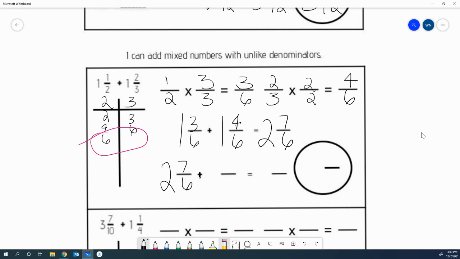And we have to turn that into a proper mixed number. So I'm going to subtract 6/6 from my 7/6 and give that 1 whole to my 2. And I'm going to end up with 3 and 1/6 because I subtracted 6/6 from 7/6. So I'm going to have 3 and 1/6 as my answer.